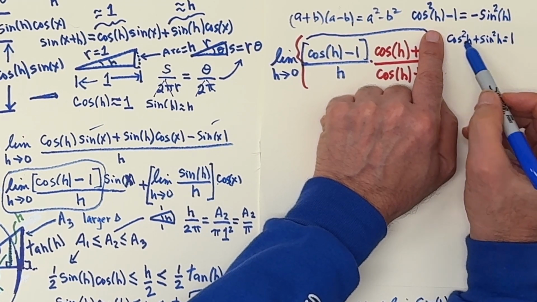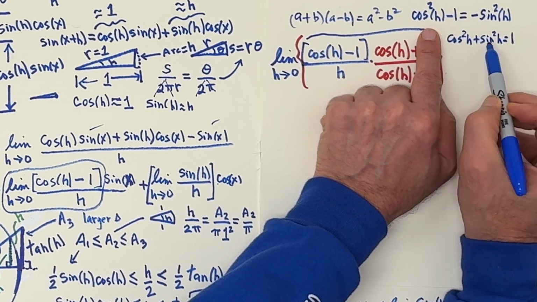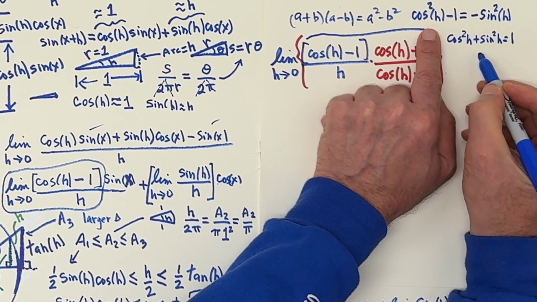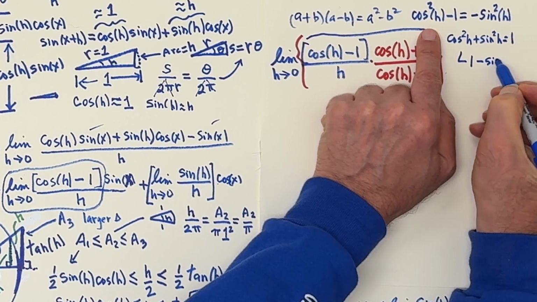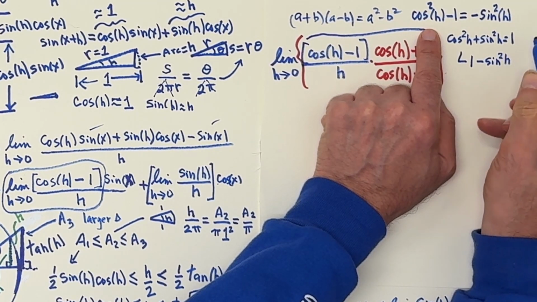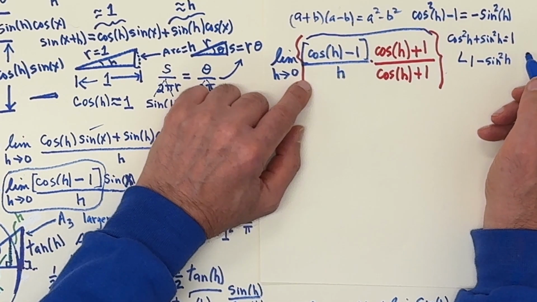So here, the cosine squared of h is equal to 1 minus the sine squared of h. The ones would cancel and you would just have the minus sine squared of h.